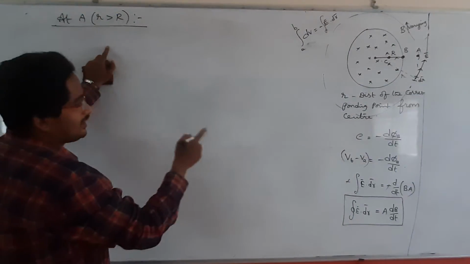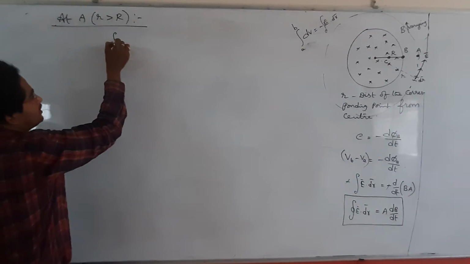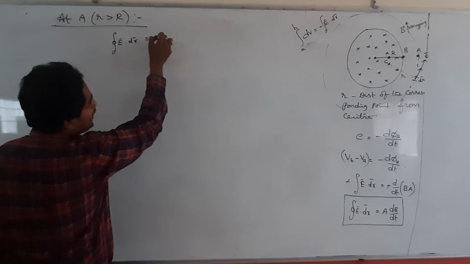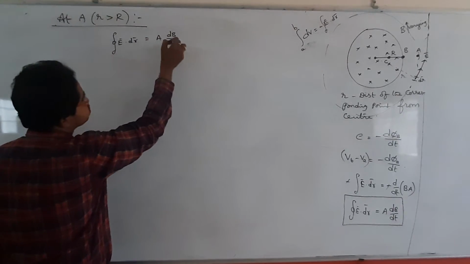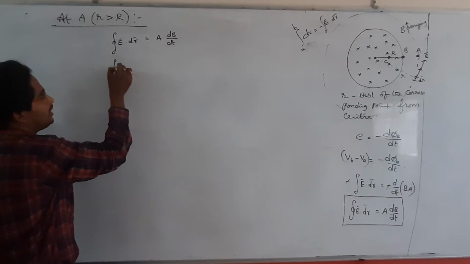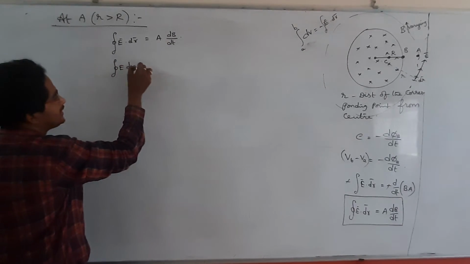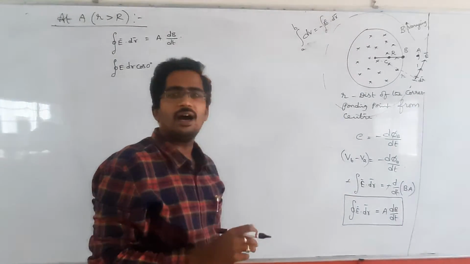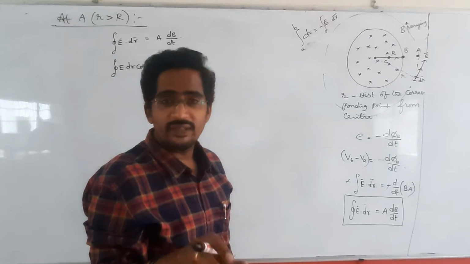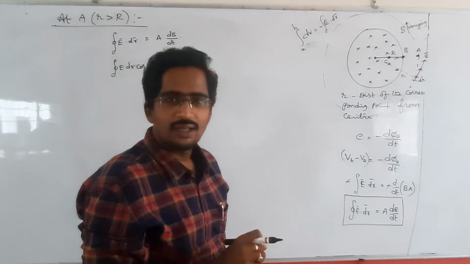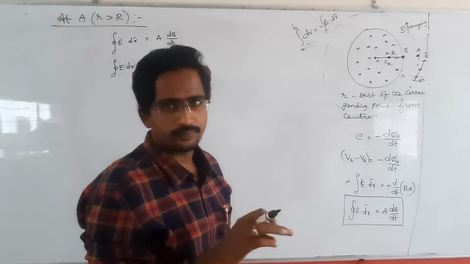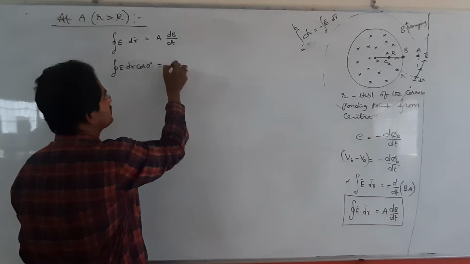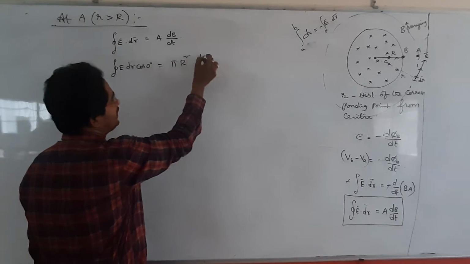By that, what will we get? Integral E bar dot dr bar equals A into dB by dt. Integral E bar dot dr bar means E dr cos 0, equal to A, the area of the field within the loop. Up to what area was the field established here? Pi R square into dB by dt.